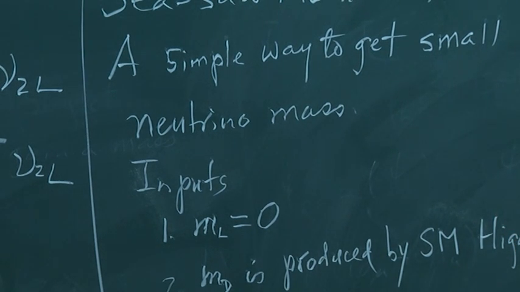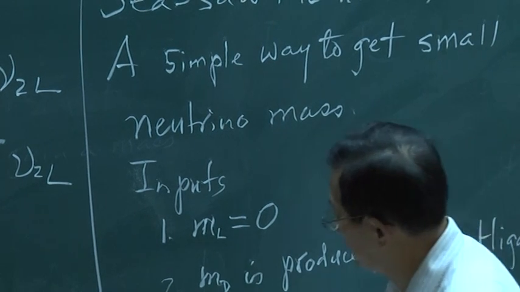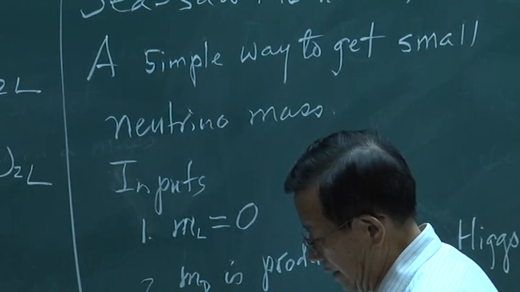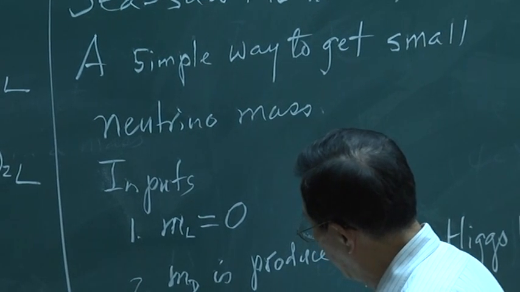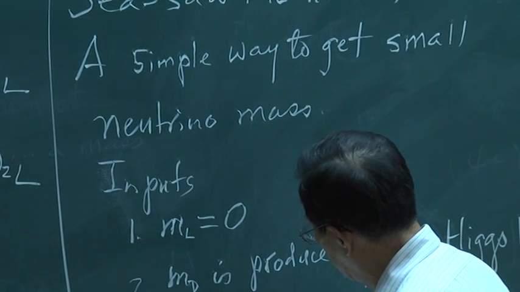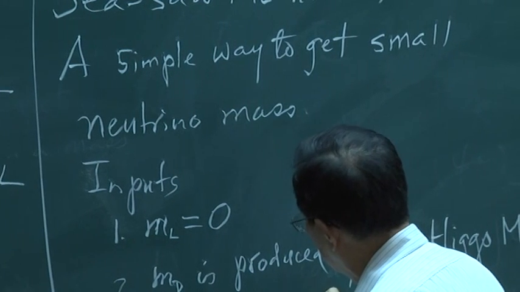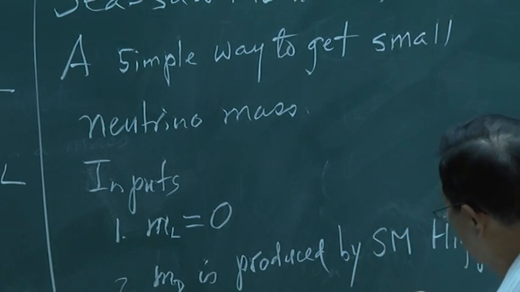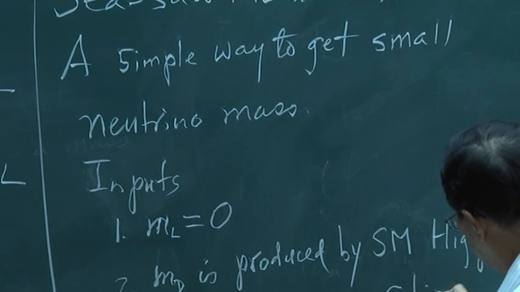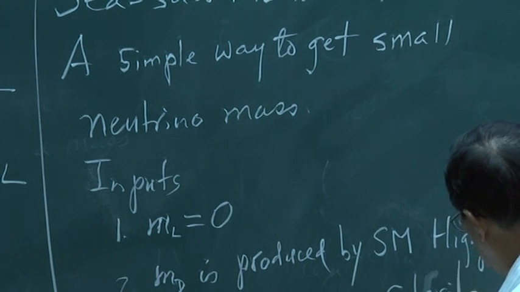So this is what we discussed here. The other one is to have the MR, the right-handed Majorana mass, because this is much bigger than MD. So that's the input. So this is called the seesaw neutrino.